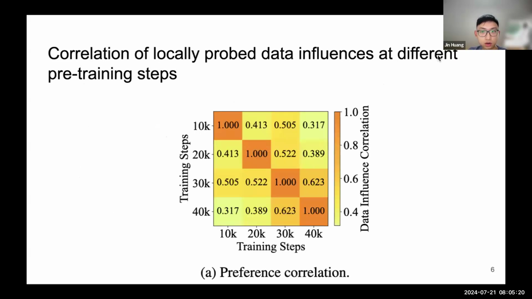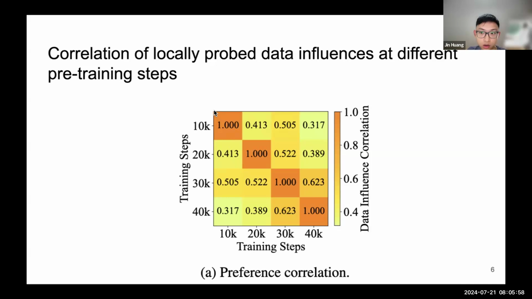And here is another, more intuitive visualization of the fact that the data influence that we probed at different pre-training steps is actually very different. As you can see in this heat map, both the x-axis and y-axis show the different training steps. For each block, we calculate the correlation of the data influence at different steps.